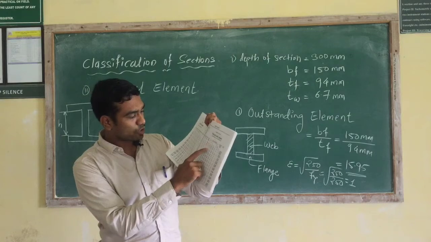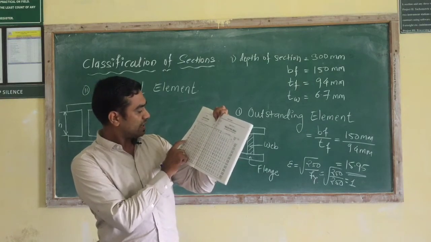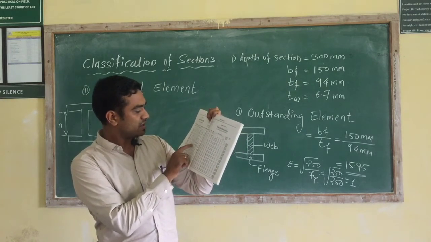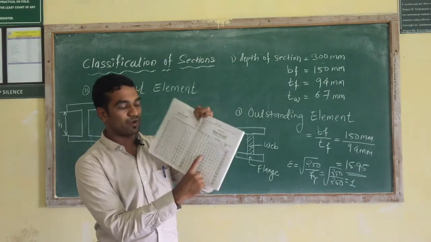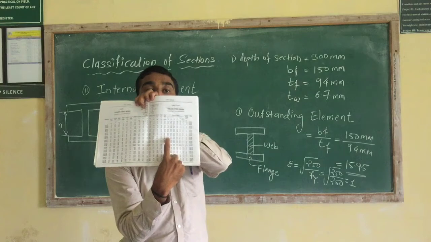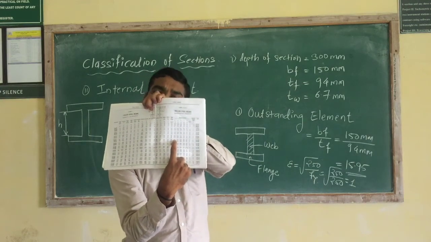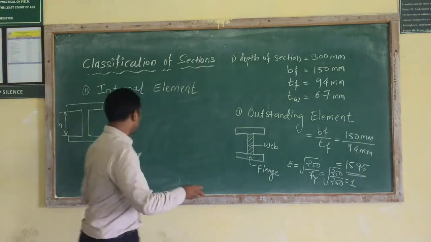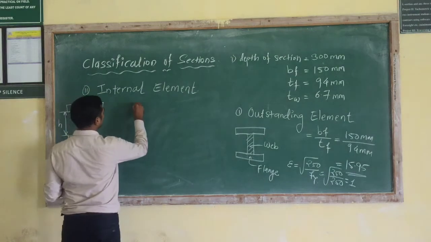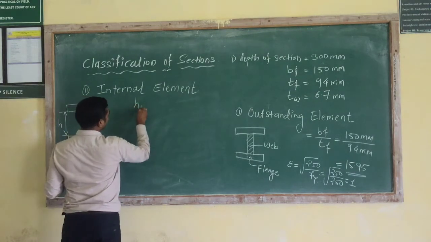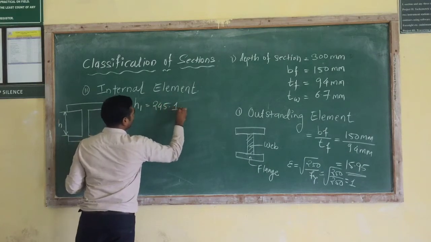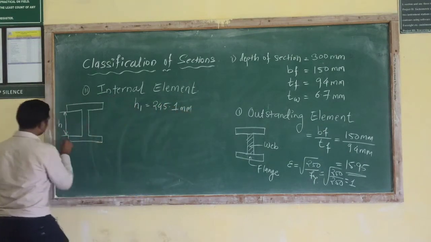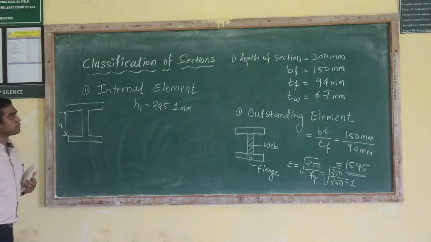H1 for the ISLB 300 is 245.1. The value is already given in the steel table. The value of h1 is equal to 245.1 mm.